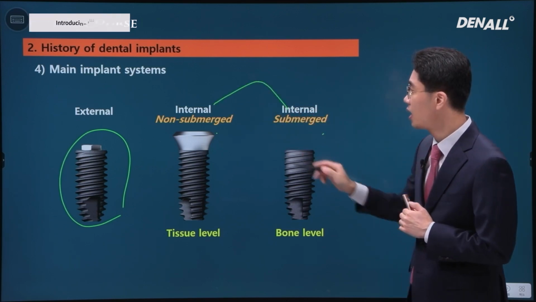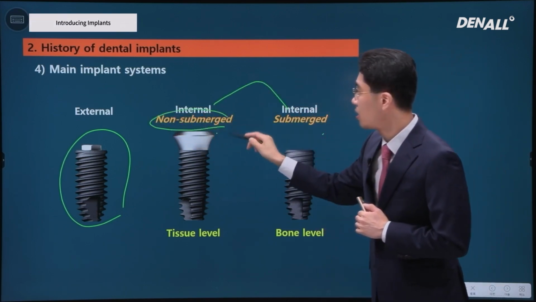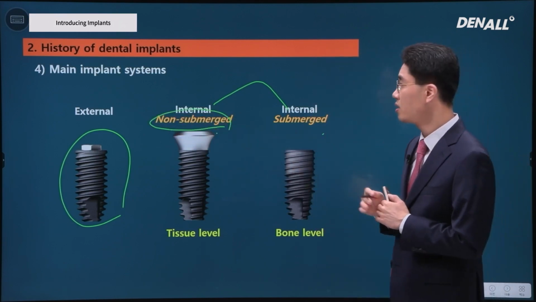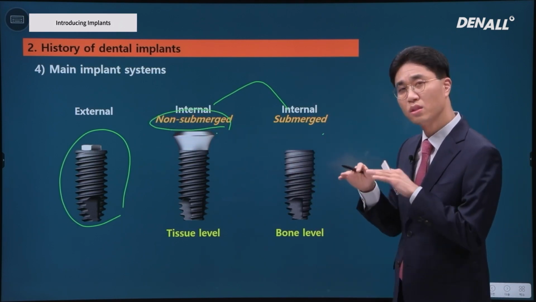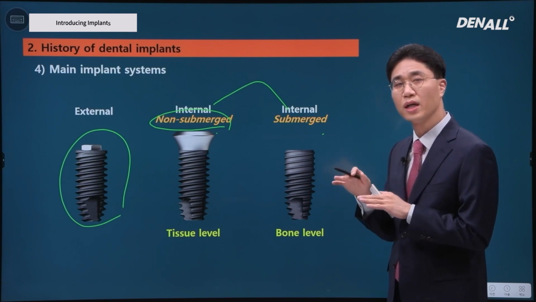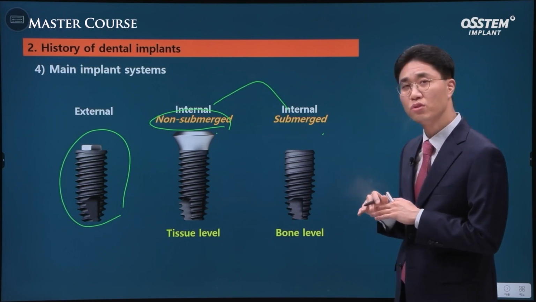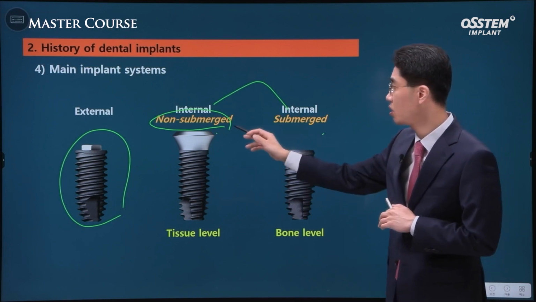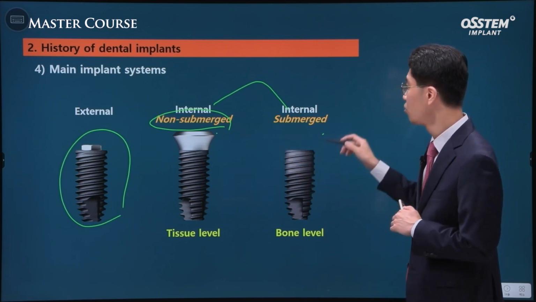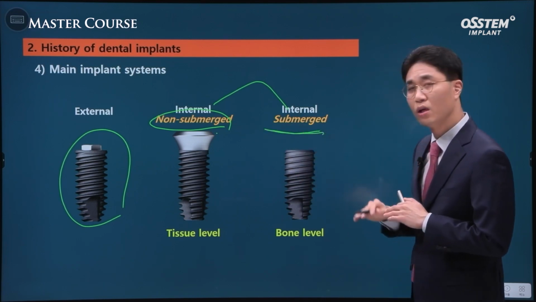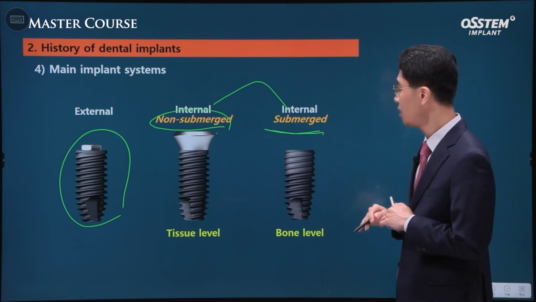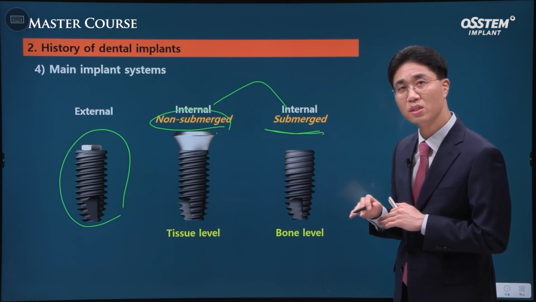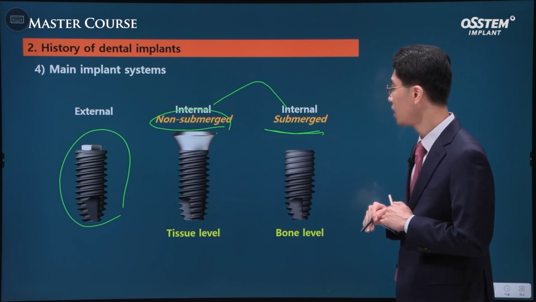Among the 2 implants, one is for one-stage surgery. In other words, the implant is not submerged and the implant top is exposed, a non-submerged type implant. And the one on the right is where the implant is placed below bone level.